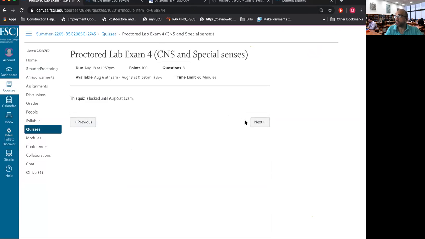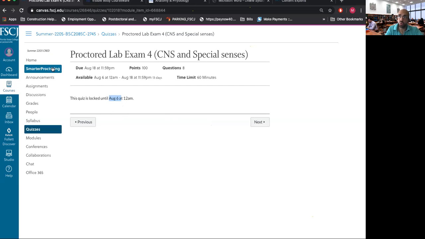It will stay locked until 1 week before the due date, and this is the same for the lecture exams. But whenever you try to access the Proctored lab exams, it will ask you for an access code. You won't have an access code, and you can't access them directly through Canvas.